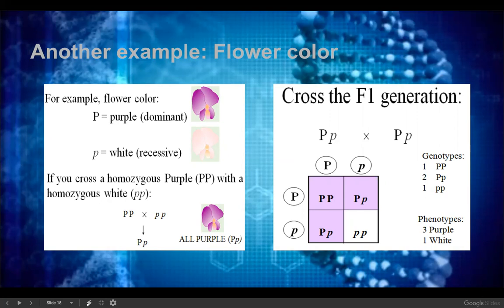And a couple rules here. The dominant trait's always written first. So a capital is always written first, and then the lowercase, the recessive, is always written second. So if we cross these together, a purple hybrid with a purple hybrid, again, we wind up getting that 3-to-1 ratio, 3 purple to 1 white, or a genotypic ratio of 1 pure dominant, 2 hybrids, and 1 pure recessive.